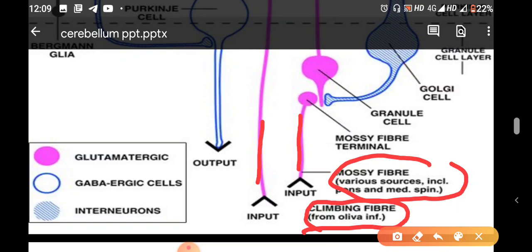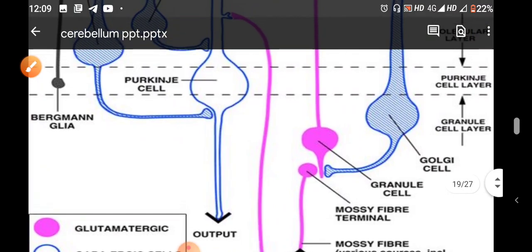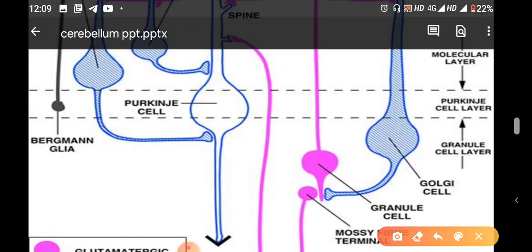Now mossy fibers are excitatory to granule cells. The pink color is showing the granule cell. So mossy fibers are excitatory to granule cells. Now you can see, at a larger scale, the Golgi cells.